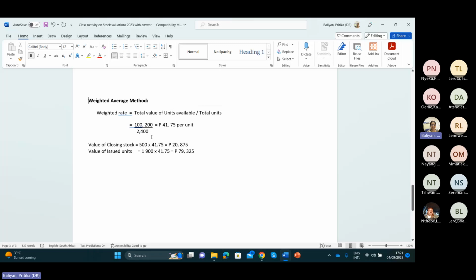We divide the value by the number of units, then we get an average unit price, which is 41 pula and 75 thebe. So we use that price to determine the value of ending stock and also the value of issues.